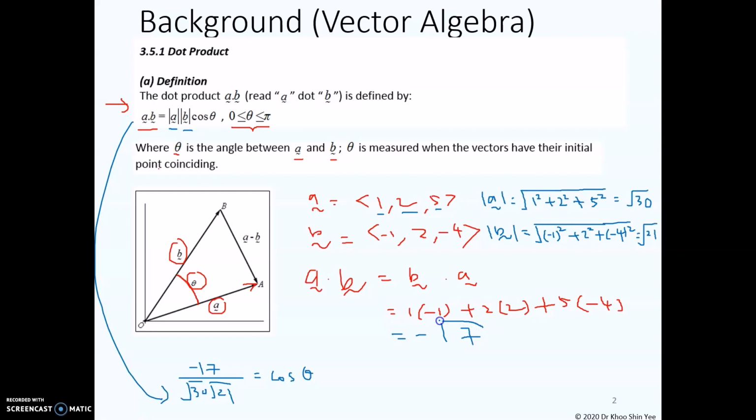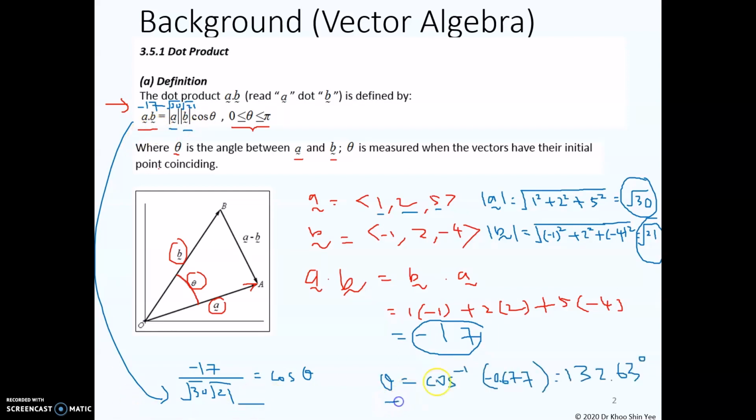By substituting the dot product result inside this formula and the magnitude result here, after you rearrange it, you should obtain this.